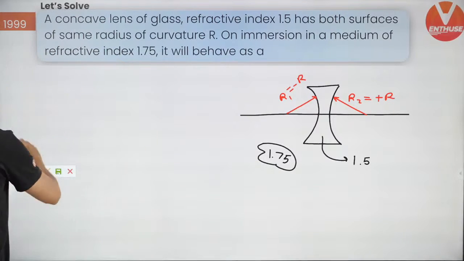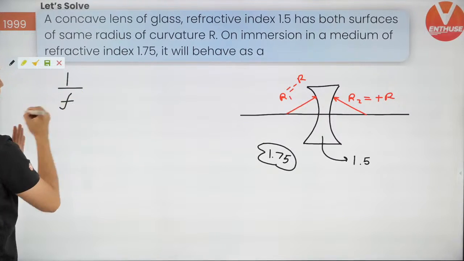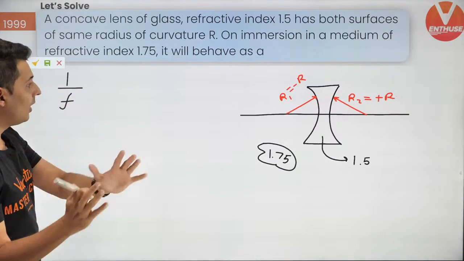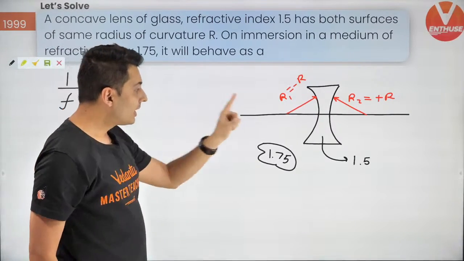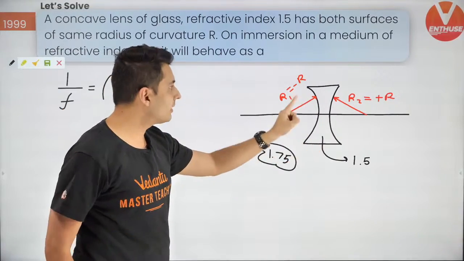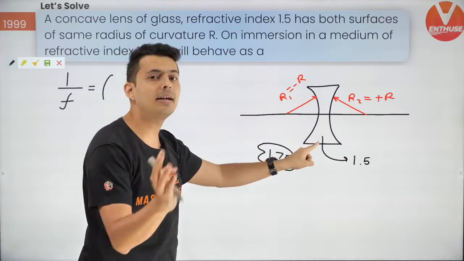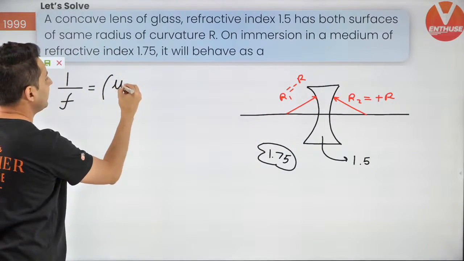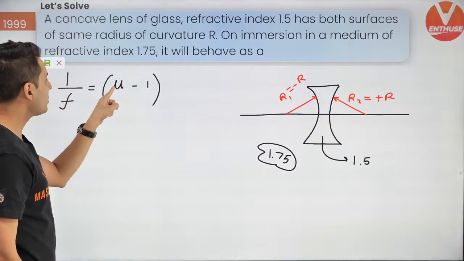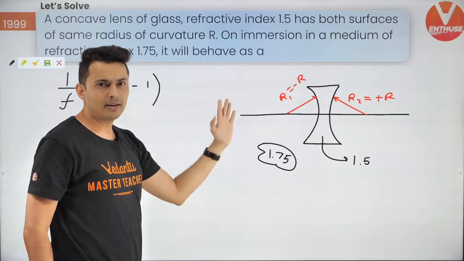Okay, let's get going now. So 1 upon focal length of that particular lens will be equal to mu. But this mu will not be the refractive index of the lens. It should always be the relative refractive index. Usually when you write mu minus 1, this mu is the refractive index of the lens with respect to vacuum.